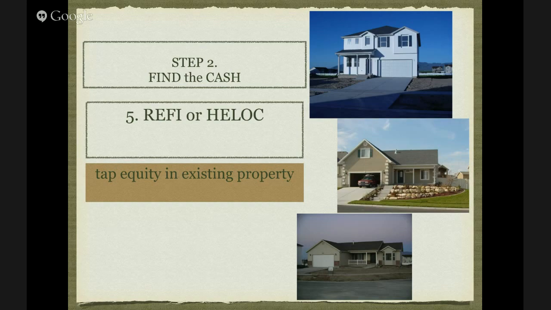And on the other one, I took out a home equity line of credit. And I used that money as the down payment to buy these 3 properties, because these properties were all brand new construction. So there was very good financing coming along with the builder. The builder had gotten financing pre-approved for these. So I was able to get good financing, and I just had to come up with the down payment.